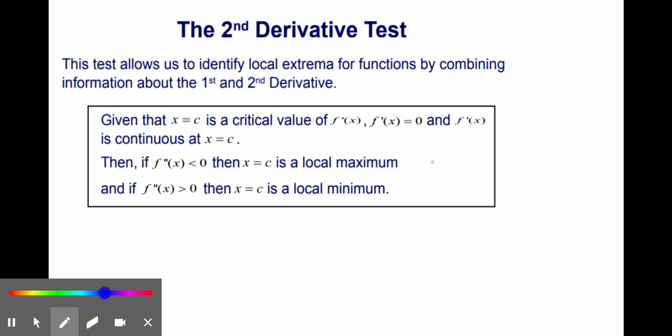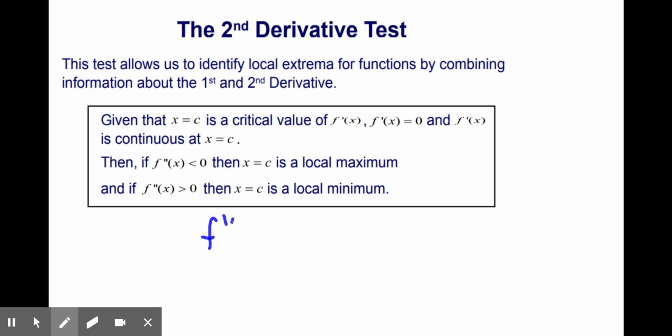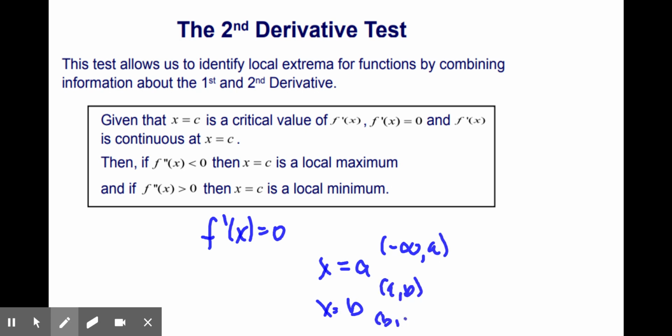So far, whenever you were looking for relative mins or relative maxes, you find the derivative, set it equal to 0, find the critical numbers, put the critical numbers on the chart, x equals a, x equals b, then go from negative infinity to a, from a to b, from b to infinity. Then you want to know stuff about f prime, so you can figure out stuff about f.